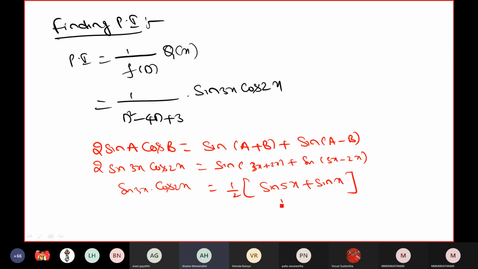Now you can split into pi1 pi2. Okay, pi1 pi2. అదే ఇక్కడ cos into sin ఉందనుకో అప్పుడు ఏం రాయాలి?